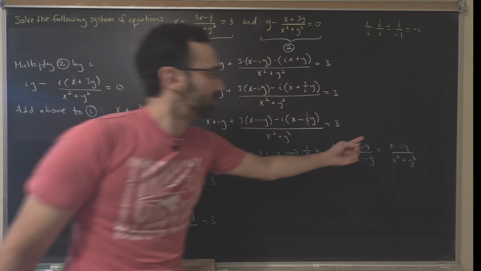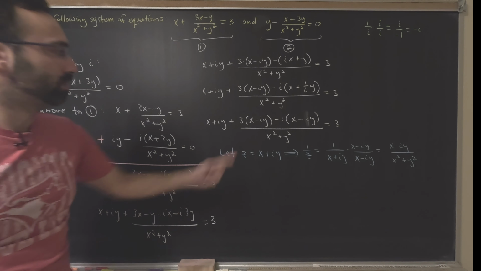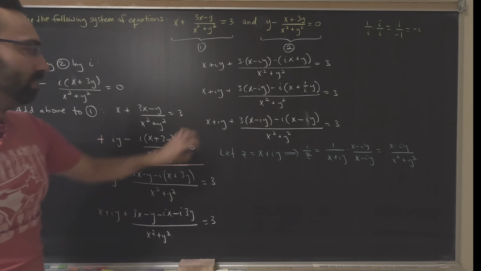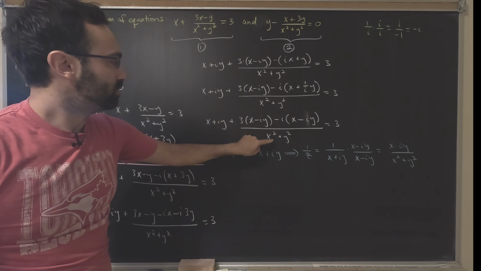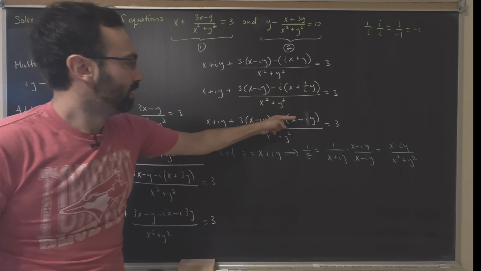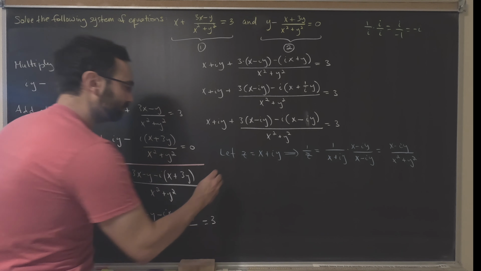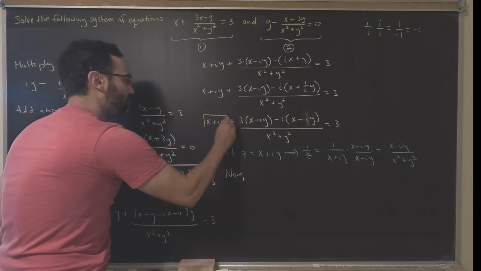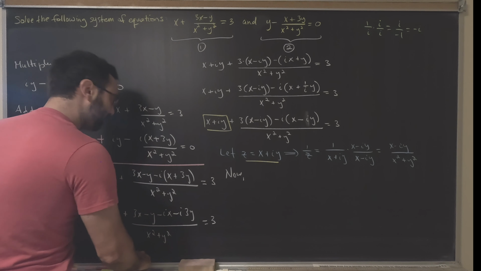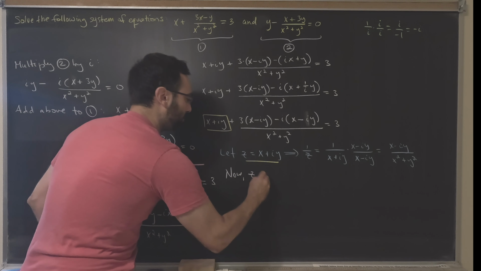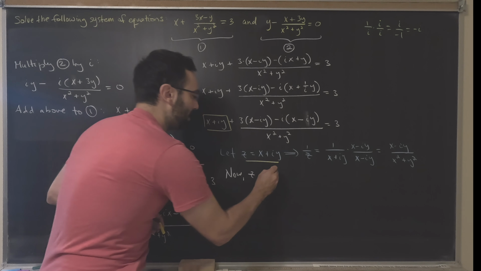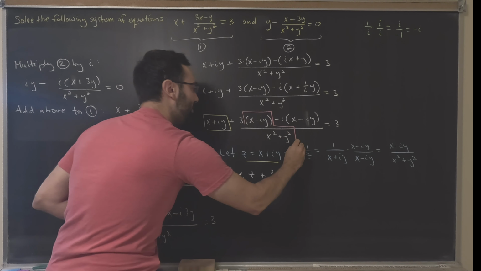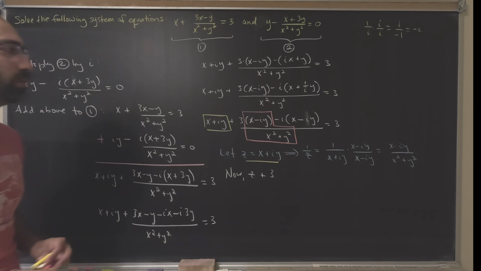But we see x minus iy divided by x squared plus y squared here and here. So why don't we replace this with z, this divided by this by 1 over z, and this divided by this by 1 over z. So x plus iy is just z plus 3 times x minus iy divided by x squared plus y squared.